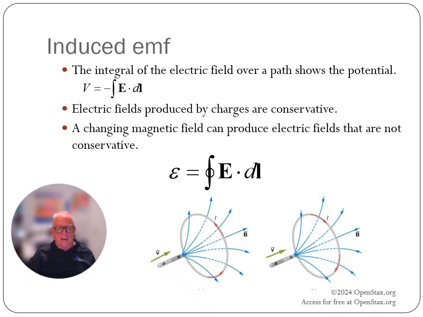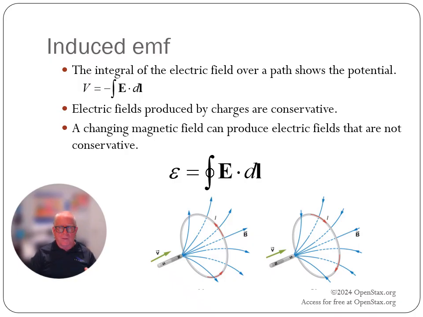Now, the way we say that with calculus symbols is we're going to say the EMF is equal to the integral around a closed loop. That's why we have a little circle on our integral sign, times the electric field dotted with the segment of the loop that you're going around.